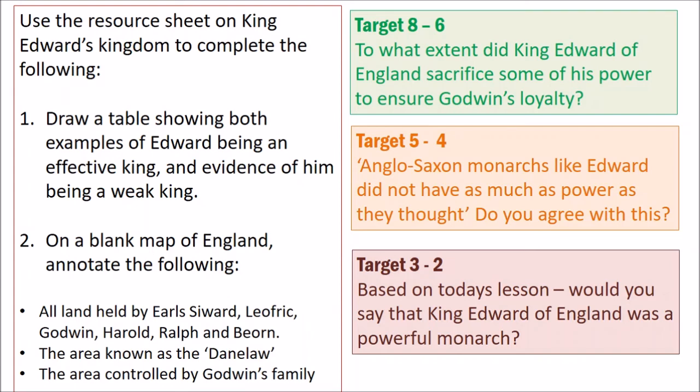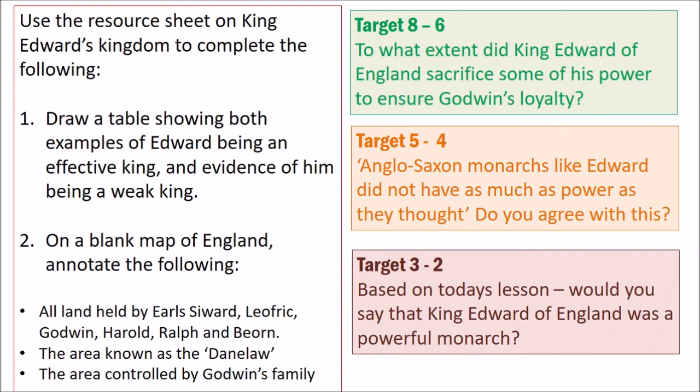He married the daughter of Godwin, so the Godwins had a lot of control over Edward. In fact, if you read the little bit on Edward standing up to Godwin, he kind of caves in. Godwin comes back with an army the next year. Because the Earls of England don't want a civil war, they don't back Edward, and Edward has to humiliatingly give in to Godwin and return all of his land and titles to him.